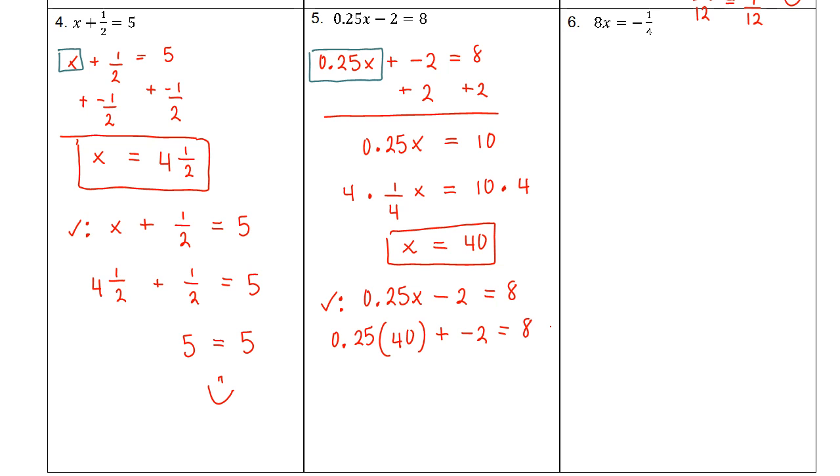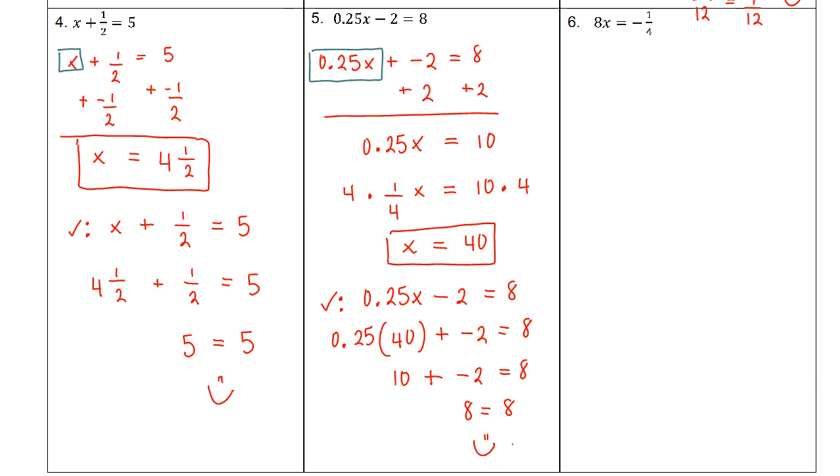Now, 0.25 times 40, I could do the multiplication off to the side. I can also think about 0.25 as a fraction, so I'm thinking of 1/4 of 40, and a fourth of 40 is 10, and 10 plus -2 will give me 8. So two sides, both equal 8, our solution is correct.